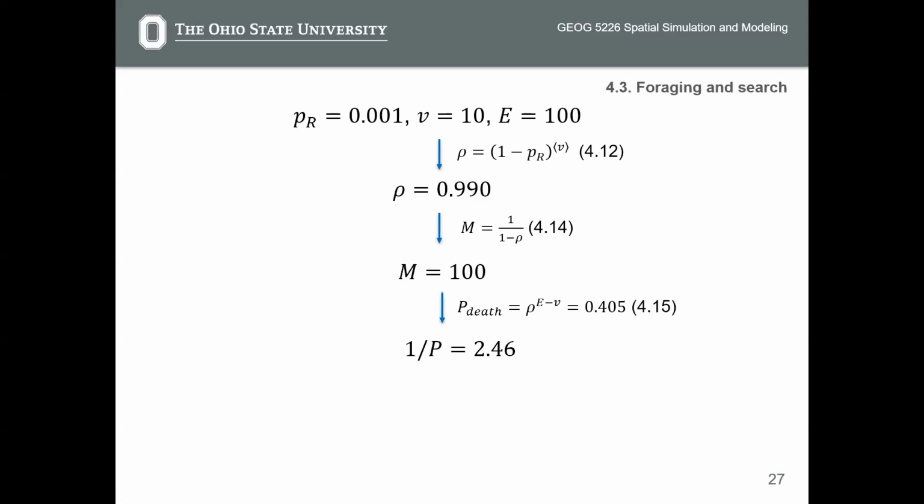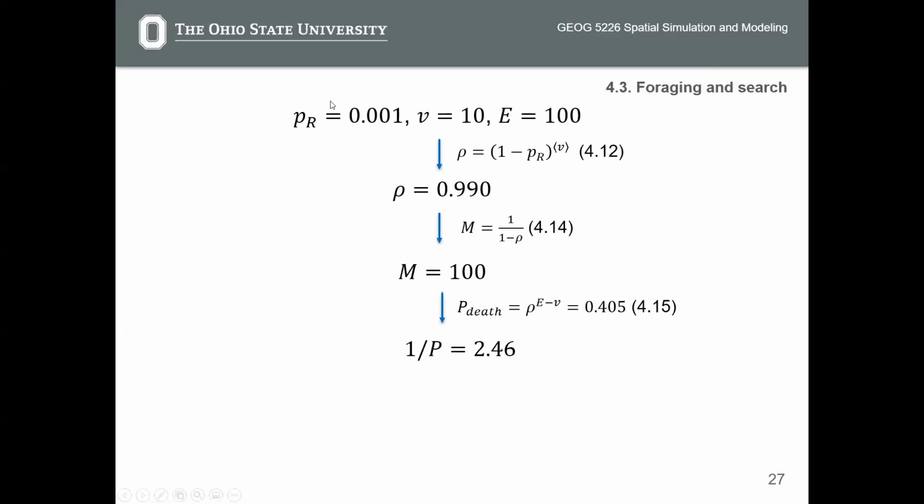What does it mean? It means that each walker can survive 2 searches, which means it will successfully find food 2 times on this lattice. And on the third search, on the third try to find food, it will probably die, because the life expectancy is only 2.46. It is smaller than 3.